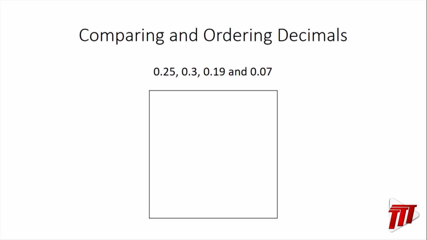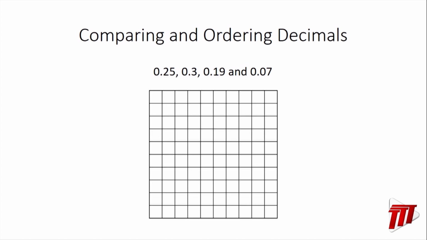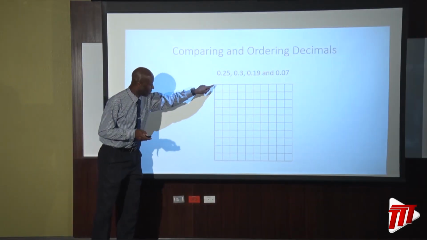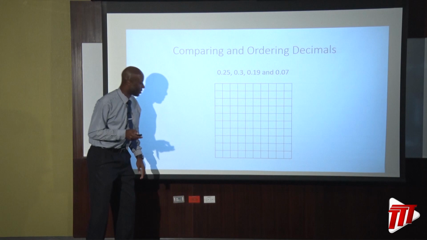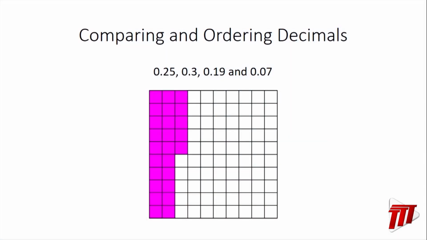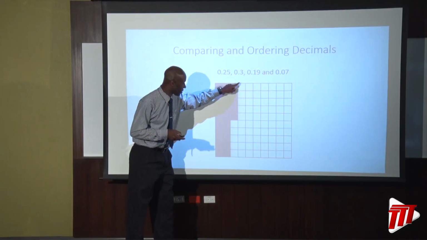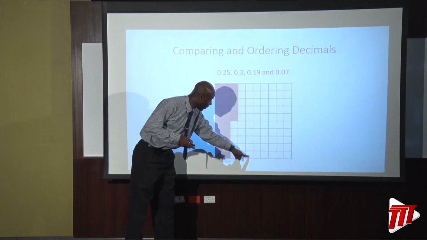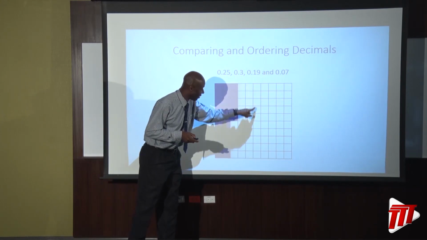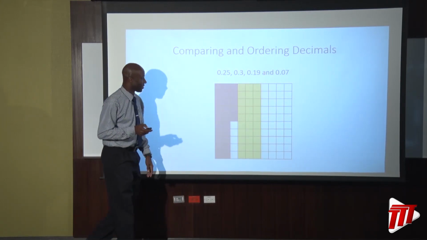I will initially divide it into 100 equal parts to represent hundredths. 25 hundredths is 10 hundredths plus 10 hundredths plus 5 hundredths, 25 hundredths. 3 tenths. Remember that every 1/10 contains 10 hundredths, so that 3/10 will be 10 hundredths or 1/10, 20 hundredths or 2/10, 30 hundredths or 3/10.